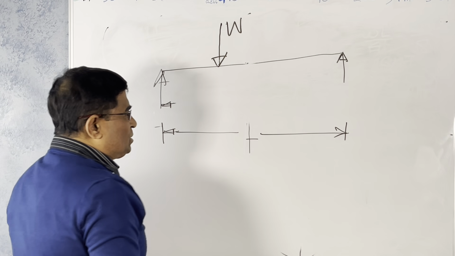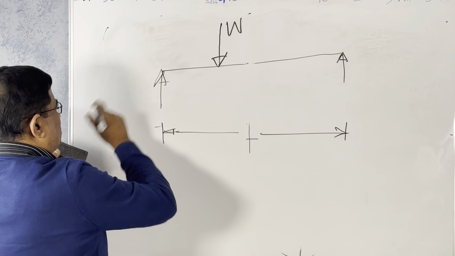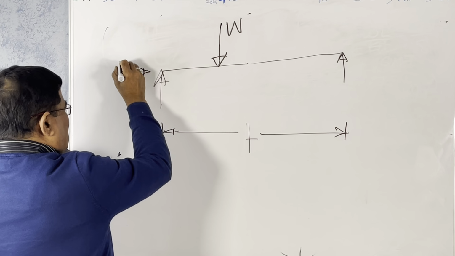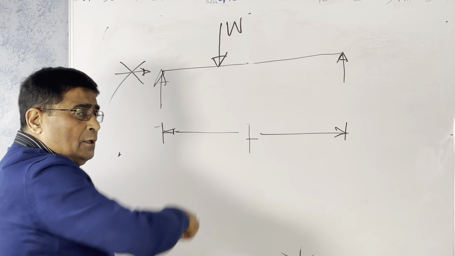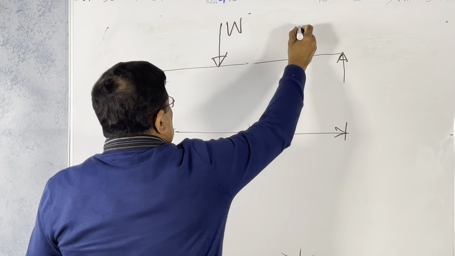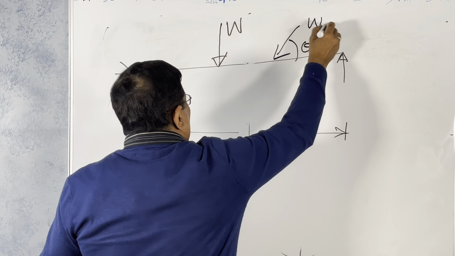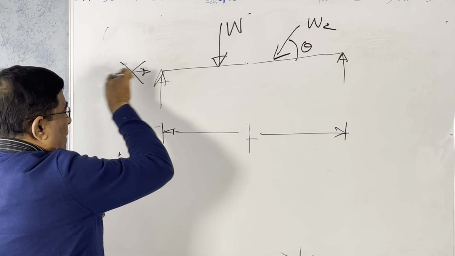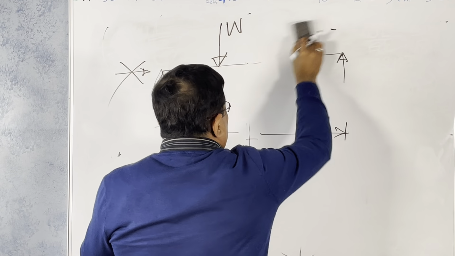You do not know the reactions now. The horizontal reaction is 0, nothing, because the loads are all vertically down. Had there been a force with an angle, there would have been a horizontal component of the reaction, but there is none here.